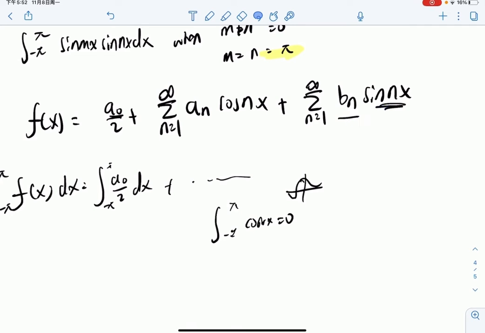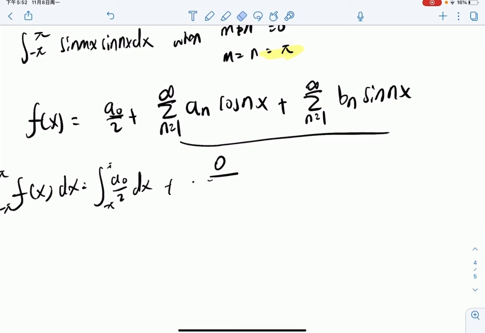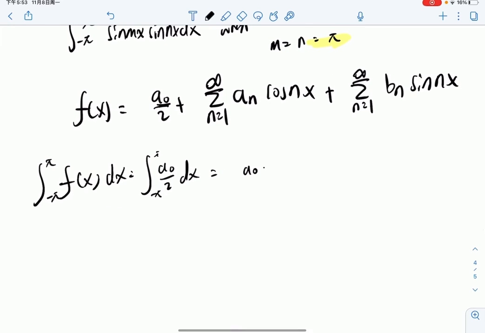So basically, if you do that, you can see that all the terms are 0. And so this term is just equal to a0 times 2 pi, divided by 2, which is pi a0. Thus, a0 is equal to 1 over pi times the integral from negative pi to pi of f(x) dx.